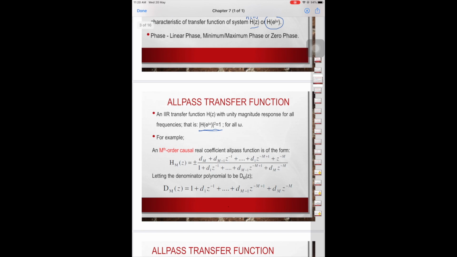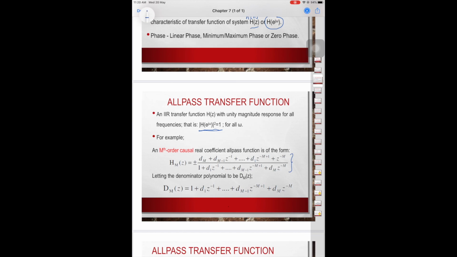We have an example: an mth order causal real coefficient all pass function is of the form H_M(z) equal to d_M plus d_(M-1) z^-1 and so on, over 1 plus d_1 z^-1 plus and so on.